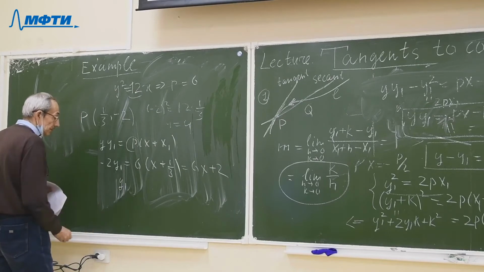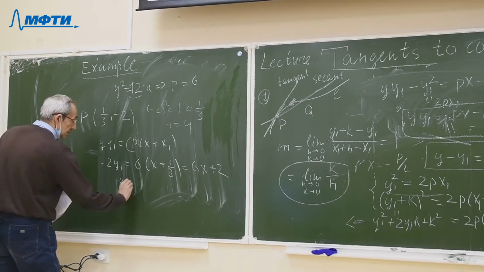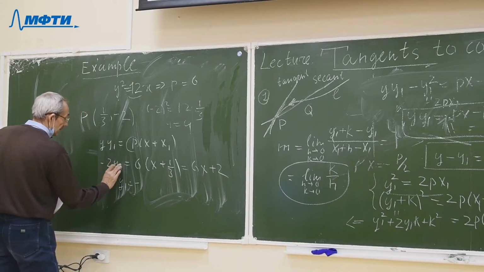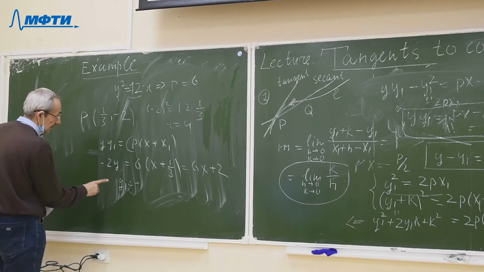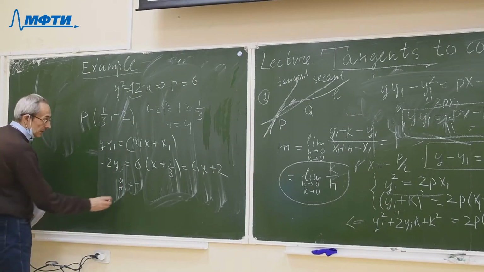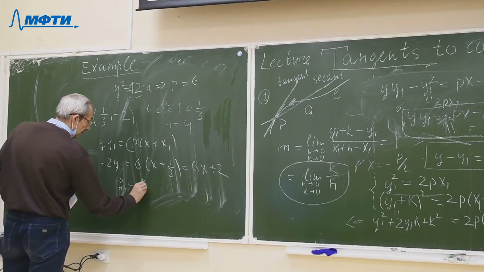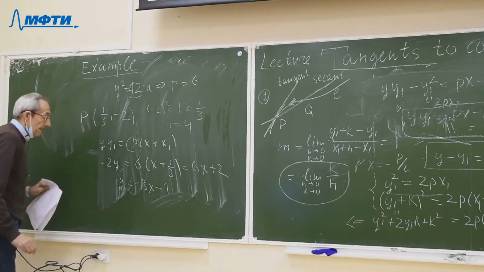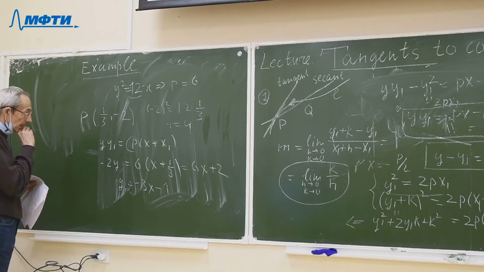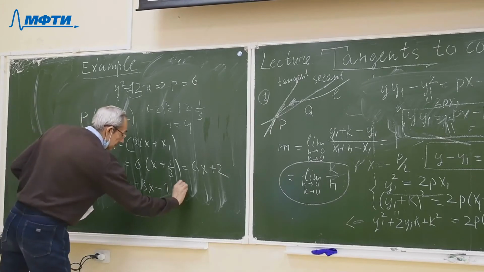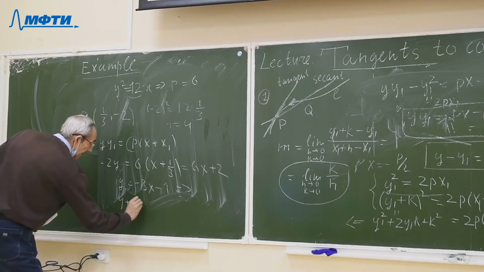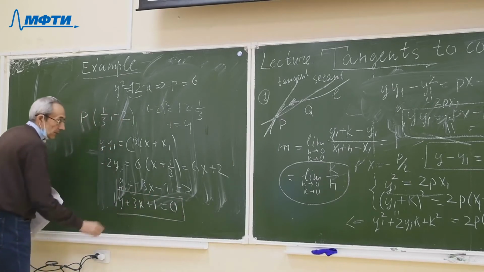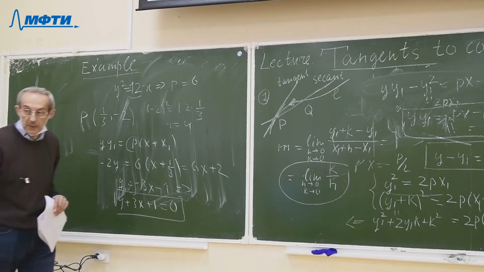Or y is equal to minus, I'm sorry, y, not y1. Y is equal to minus 3x minus 1. Y plus 3x plus 1 is equal to 0. The final form of our tangent line.